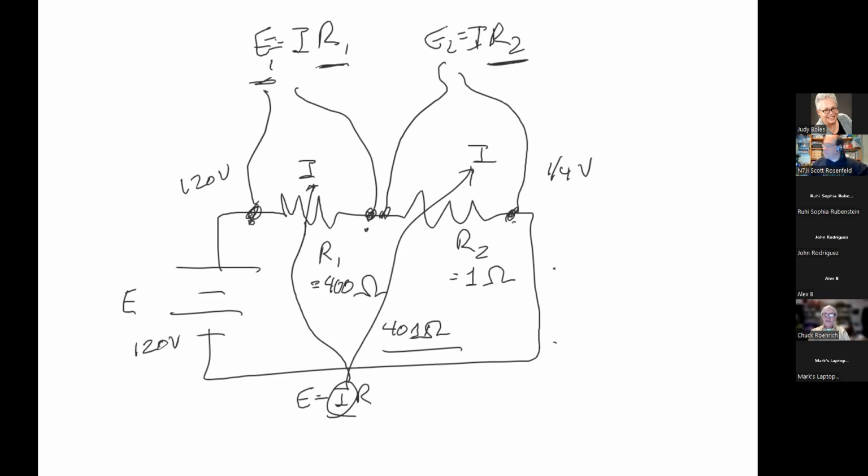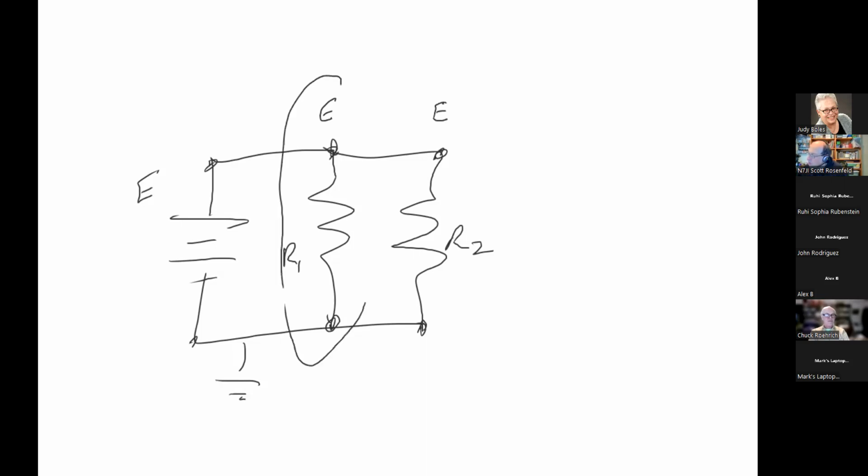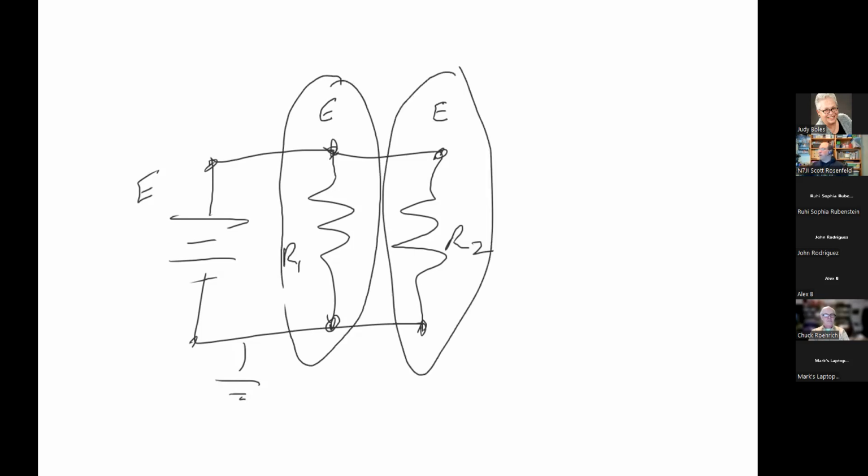So now we're going to redraw this circuit as a parallel circuit, like that. And now we have R1 and R2. What do we know if we have a voltage E across this point? Draw our ground. What's the voltage across this resistor? E. And the voltage across this resistor is also E. We have Ohm's law right here and Ohm's law right here.